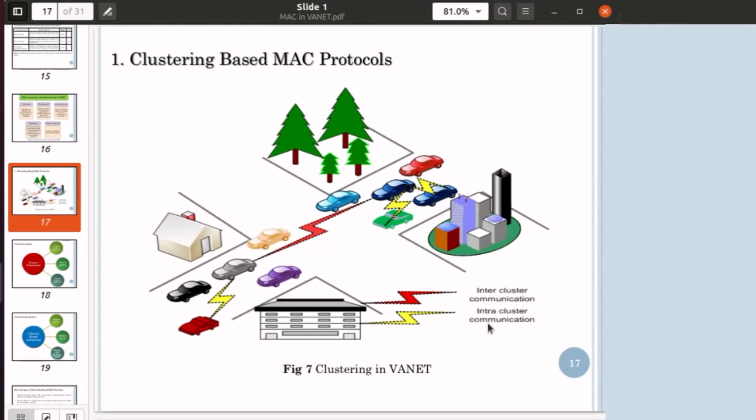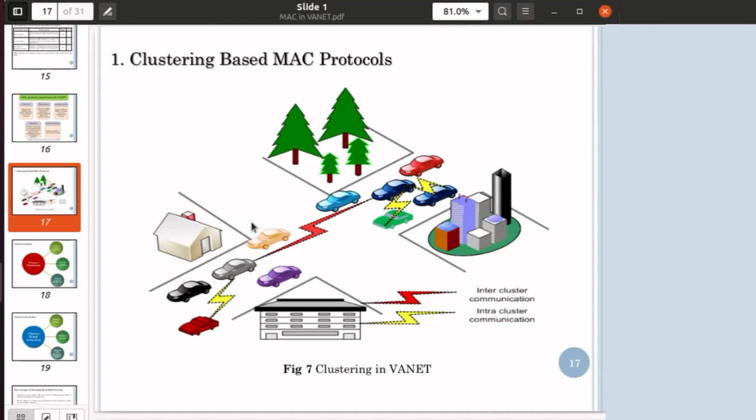So what is inter-cluster communication? Inter-cluster communication is when two clusters communicate with each other. Intra-cluster communication means the communication takes place inside the cluster only.